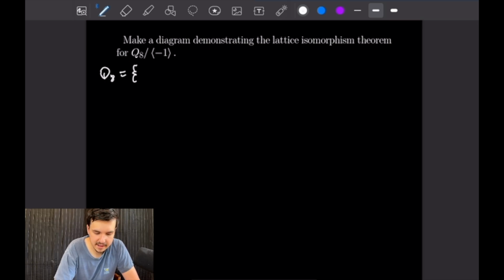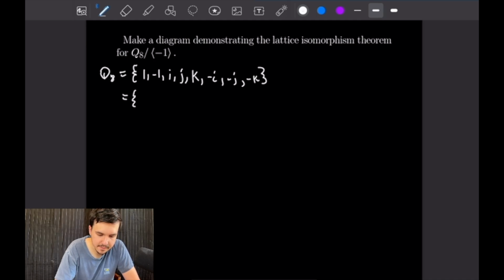The group Q8 contains the following elements: 1, -1, i, j, and k, as well as -i, -j, and -k. Let me write that in set builder notation so you understand how this group works.